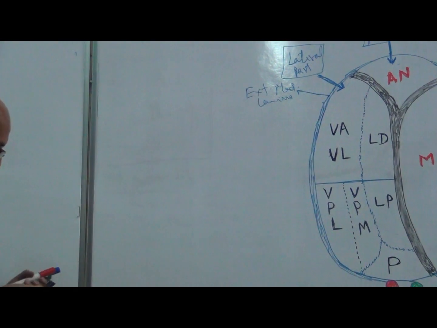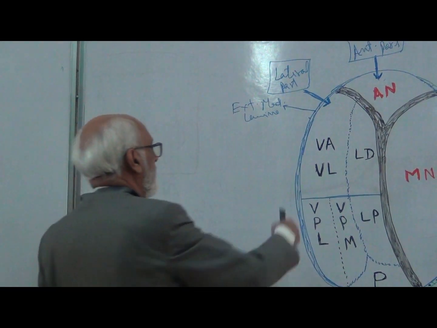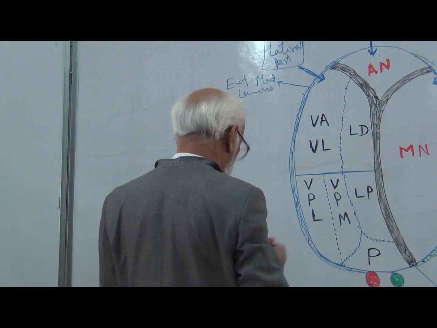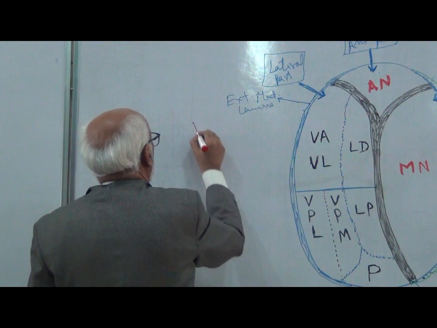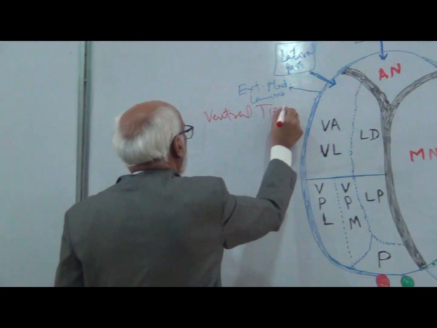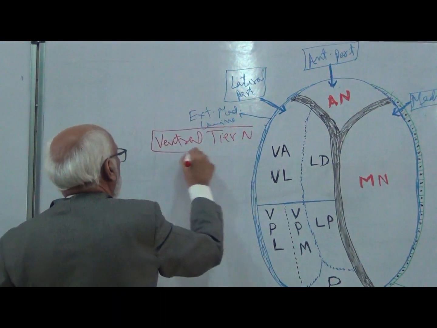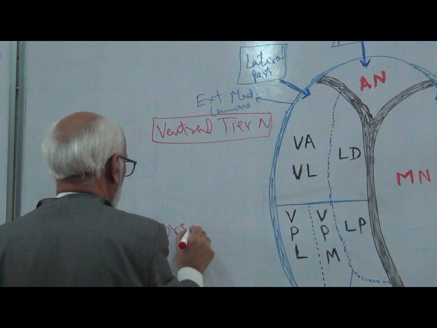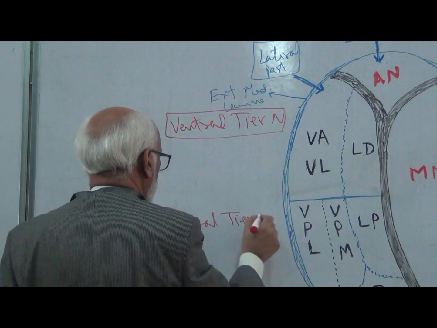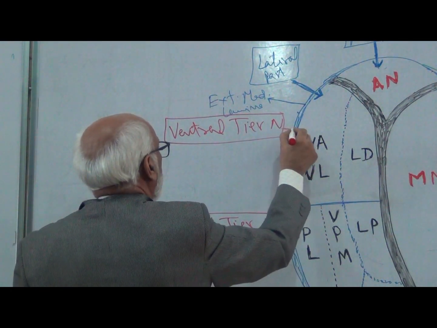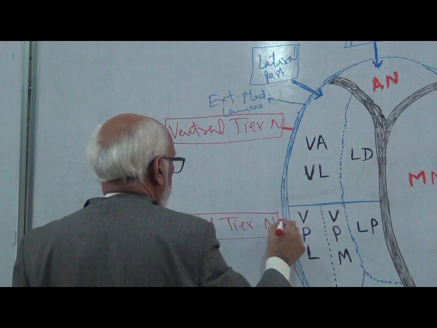Now, these are the lateral nuclei. The nuclei in the lateral part of the thalamus, which are several in number, we divide into two groups, the ventral tier nuclei and the dorsal tier nuclei.